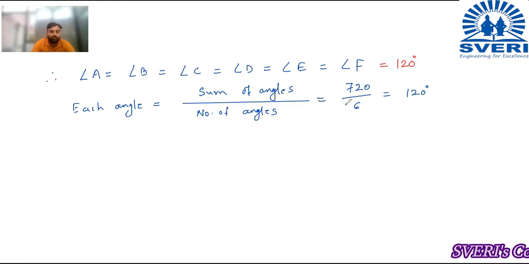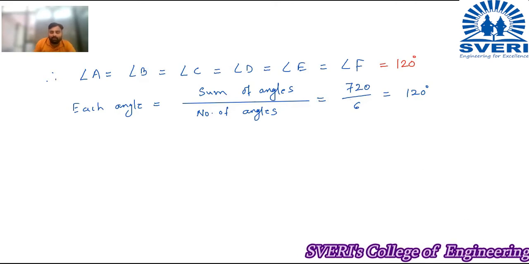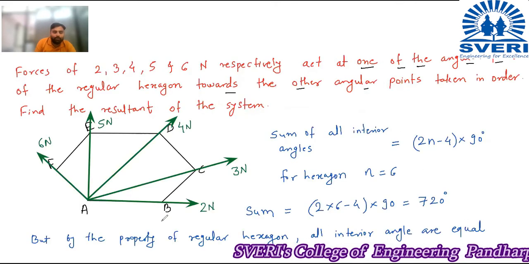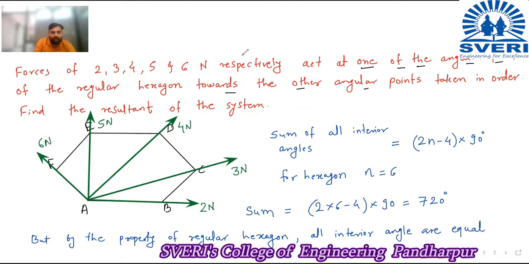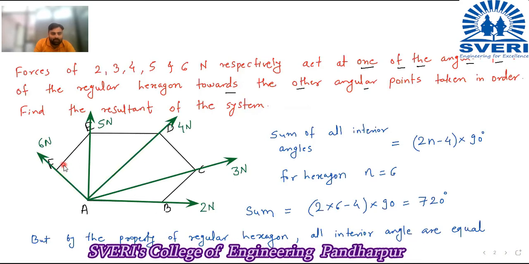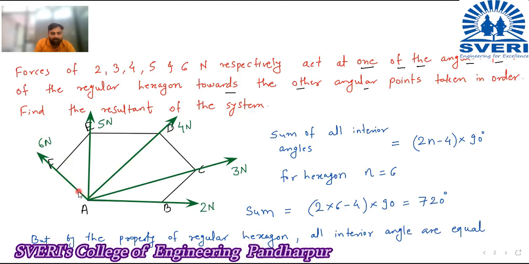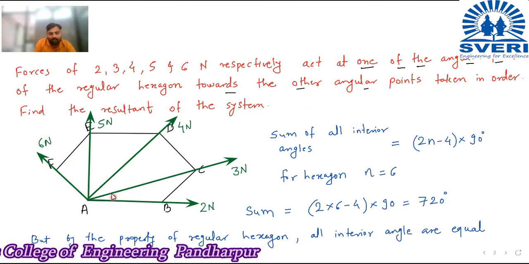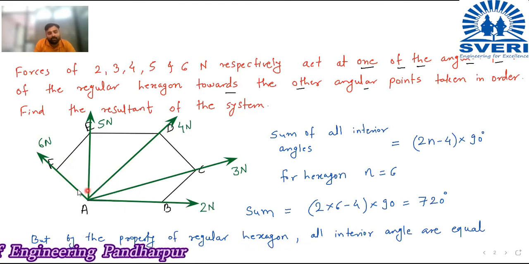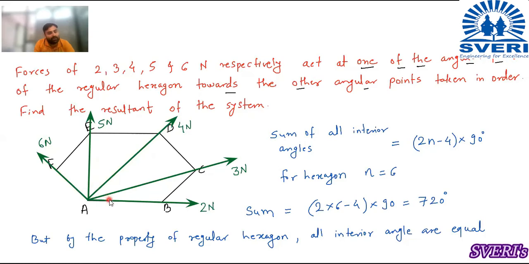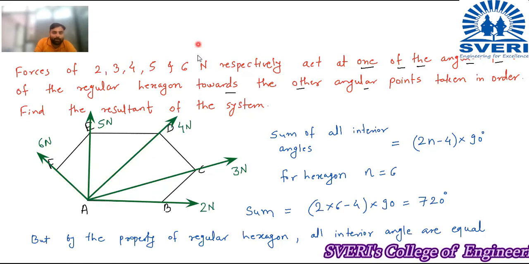Yes, sir. So now we got each interior angle. Now if we move back, you can see over here that this total angle is 120. Now if you see angle A, this total angle A is 120 degree. This angle A is divided into how many parts?